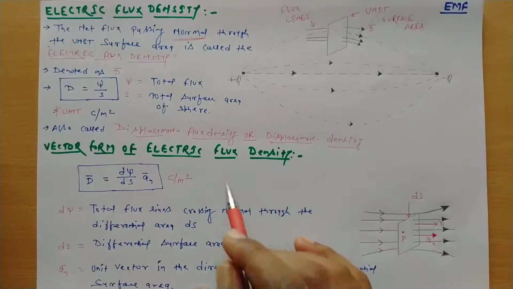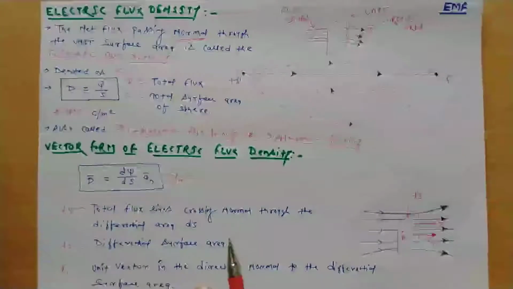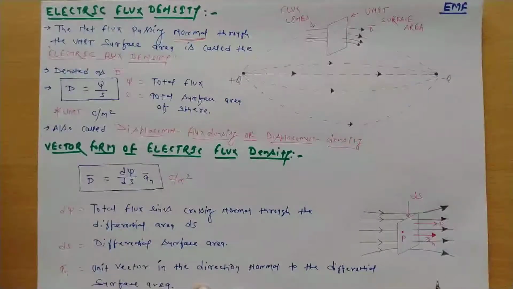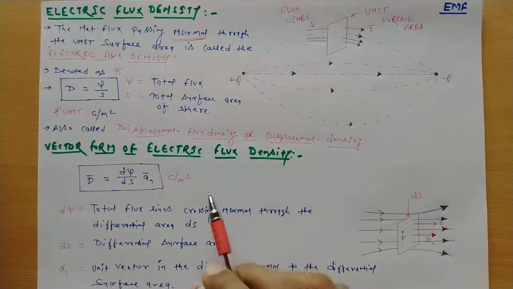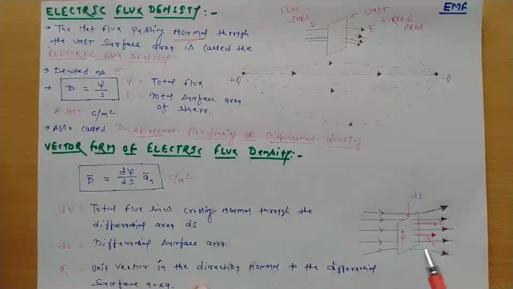Now in this topic I am representing the electric flux density in its vector form. To define this, I have drawn one figure. Again, this is the amount of electric flux lines, and I have taken a surface area, but here I am taking a differential surface area at the point P, and the total amount of flux lines is represented by this arrow.